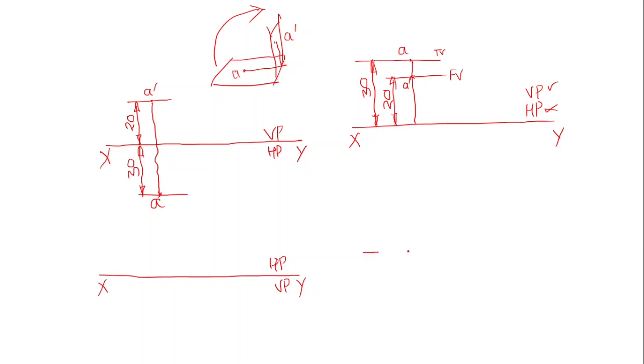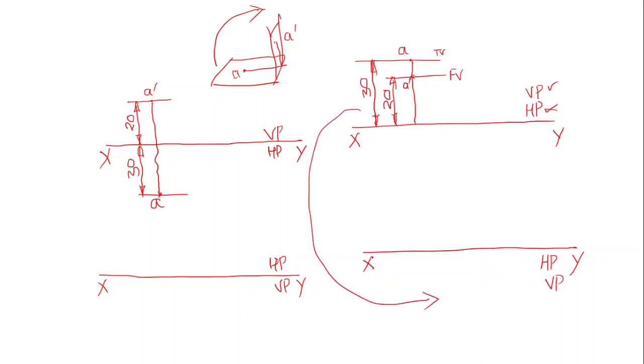And coming to the representation of that particular point lying in the fourth quadrant, this one is exactly opposite to that of the second quadrant. Here HP and VP both are below the XY line. That means this entire figure must be here. Then after drawing all the front views and top views, we can erase this and the tick marks.